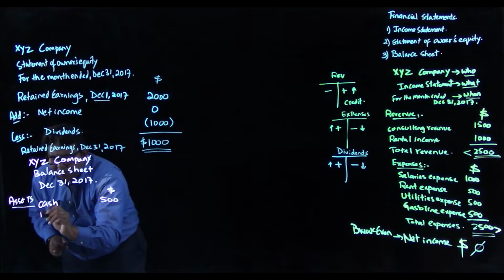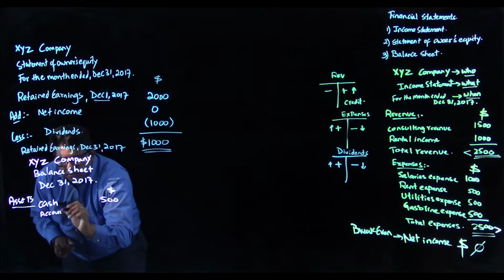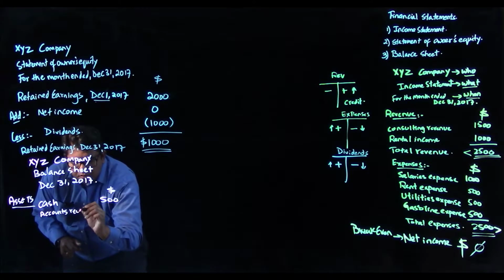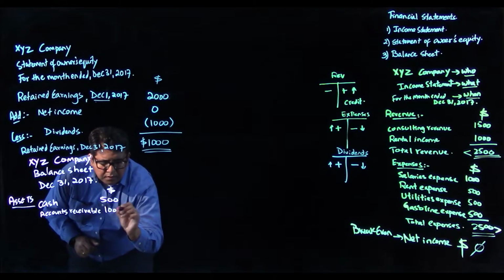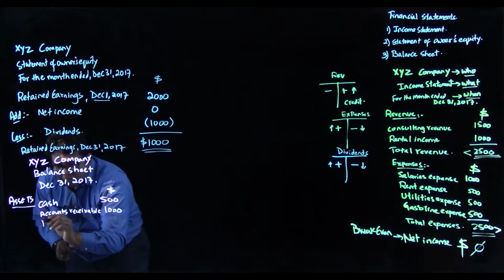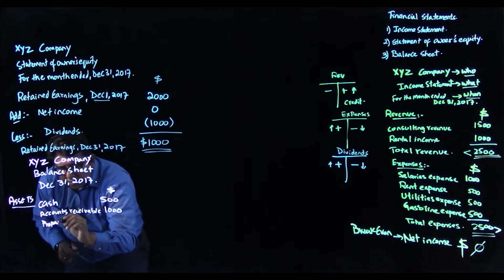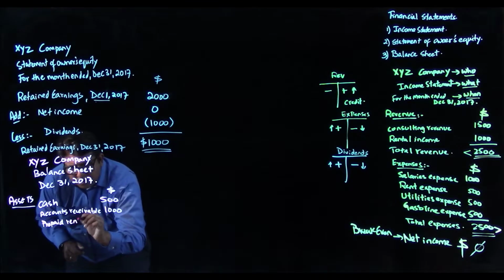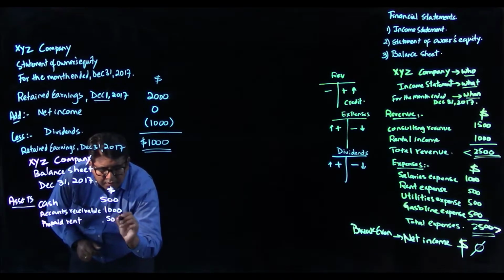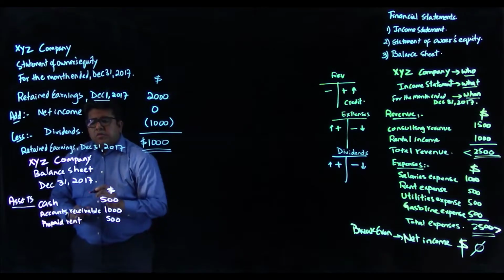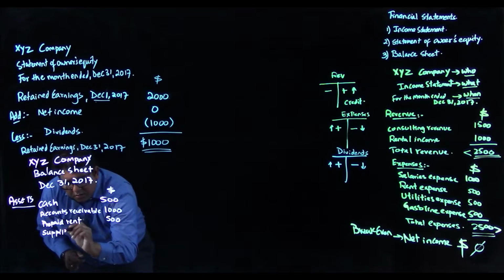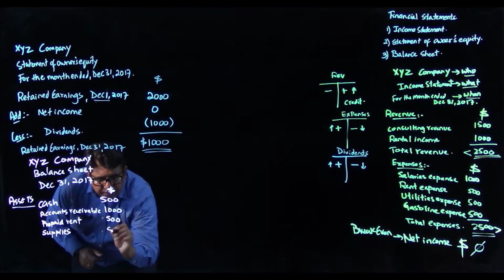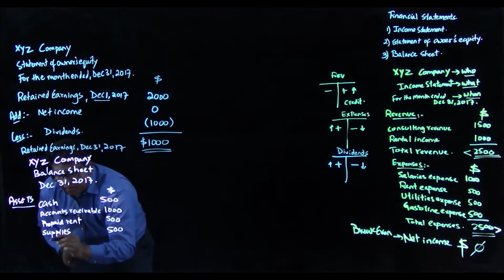You had accounts receivable, 1,000. You had prepaid rent, 500. You had supplies, 500.